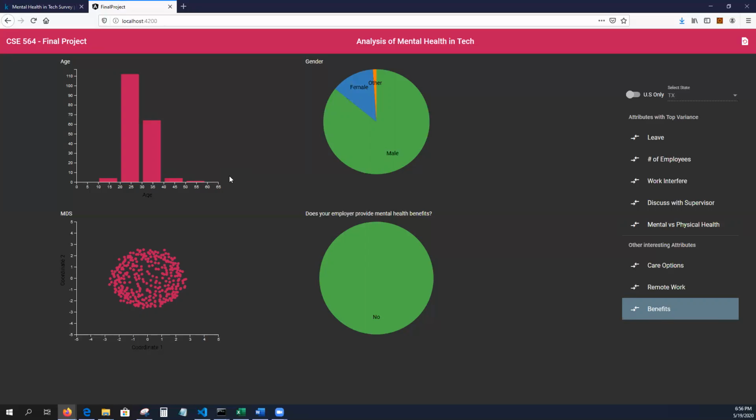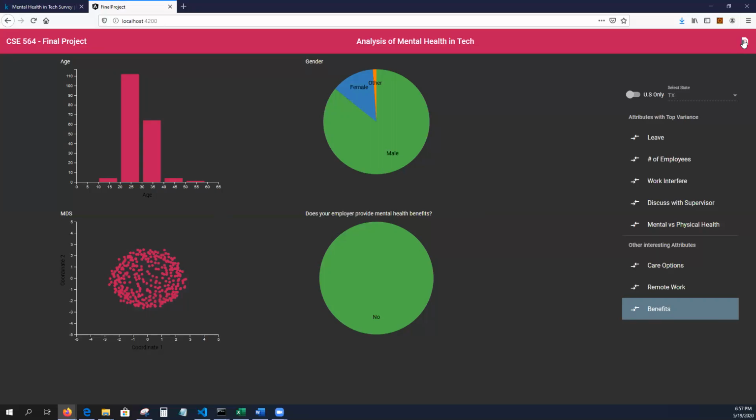The last thing I would probably want to talk about is the MDS plot. As you can see, you can't really find a specific cluster in this, because varying people have their own mindset, and every person is unique, and hence the data changes.